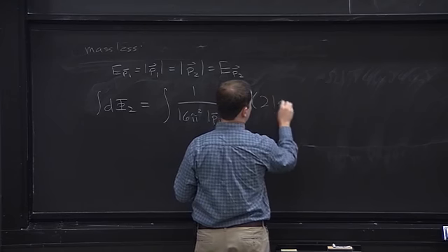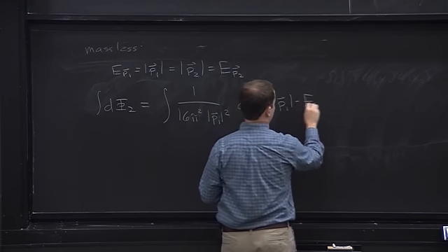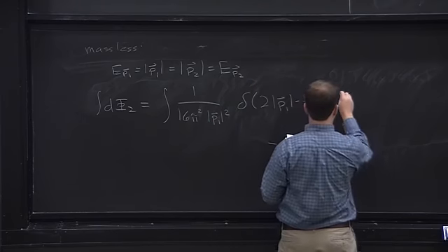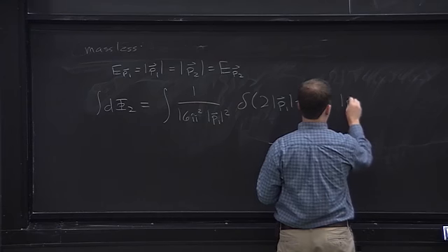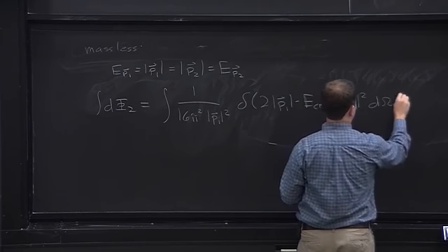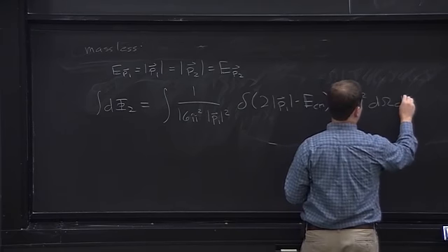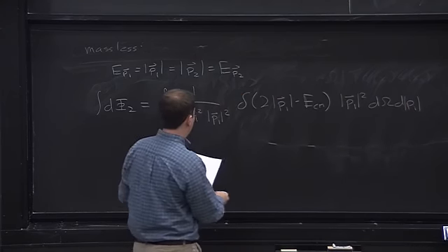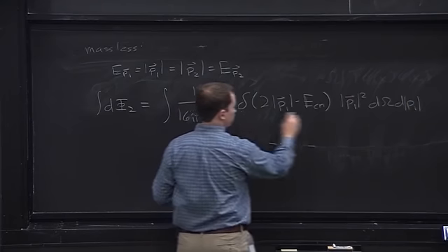Then we've got a delta of 2p1 minus E_CM. And we can go to spherical coordinates. So we get a p1 squared d omega dp1. And this cancels.